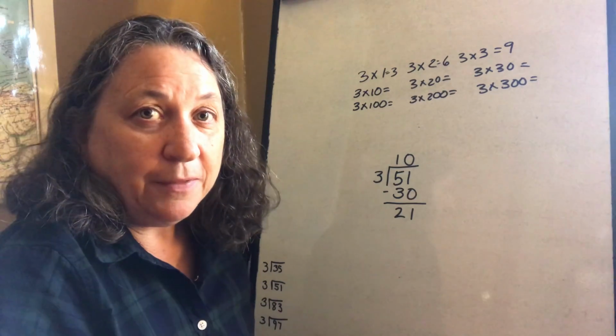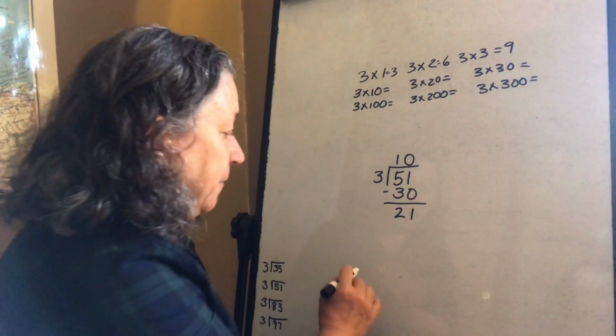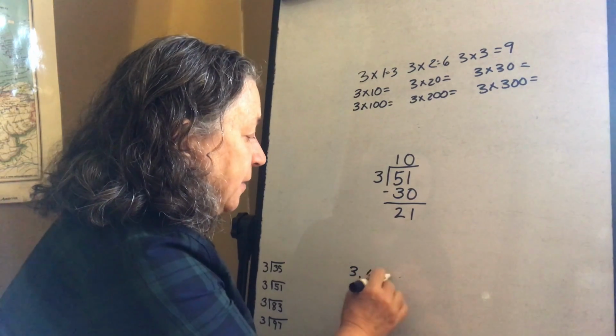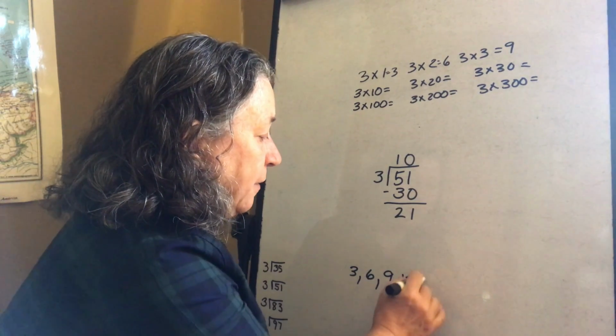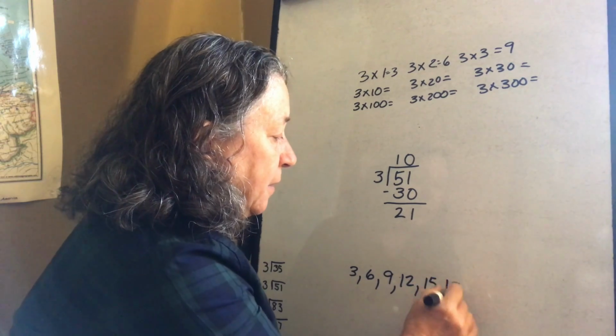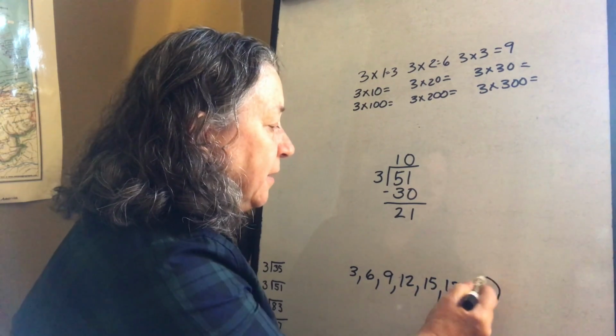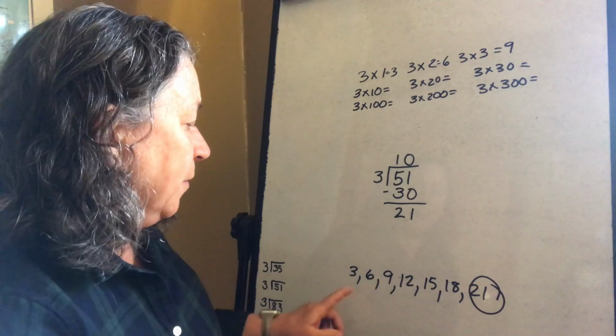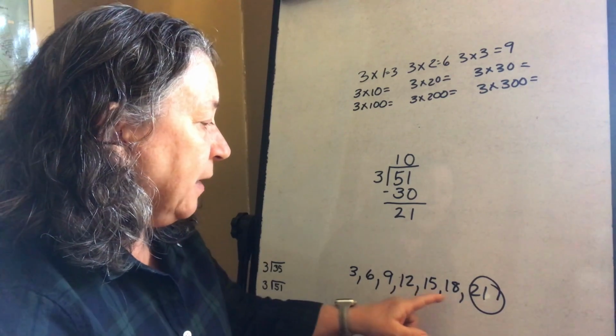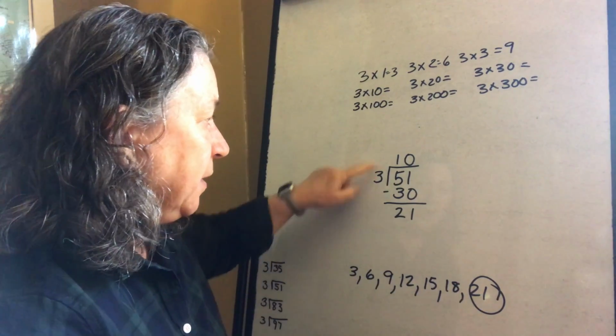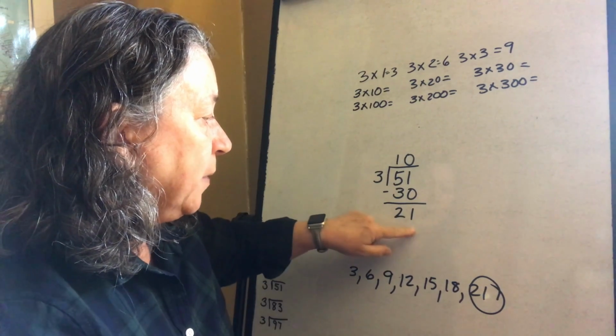If you don't, then you have to write the multiples of 3. 3, 6, 9, 12, 15, 18, 21. Ding, ding, ding, ding. There it is. 1, 2, 3, 4, 5, 6, 7. 3 times 7 is 21.